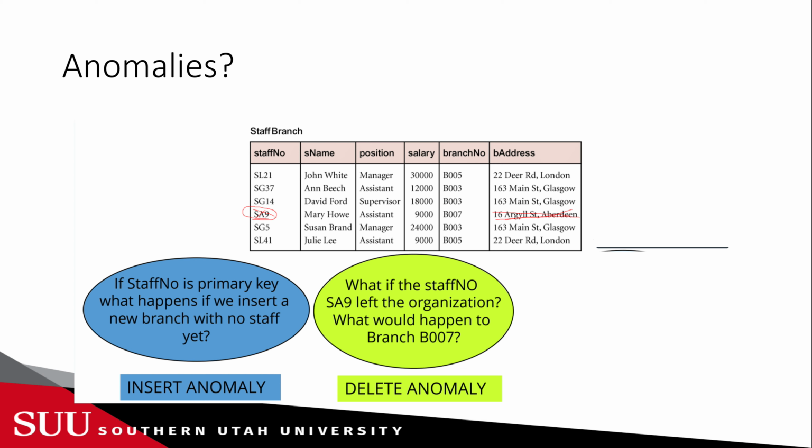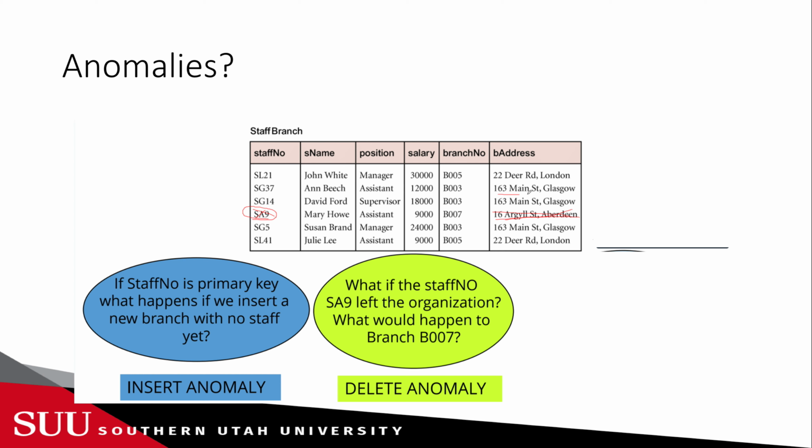Now another type of anomaly is the update anomaly, which says when updating something, we will need to update multiple records for that update to be effective, or for that update to actually update everything.